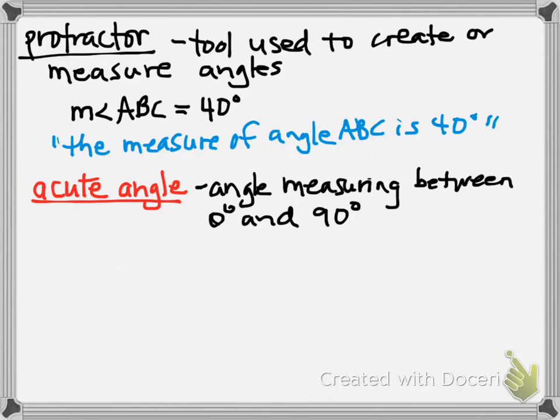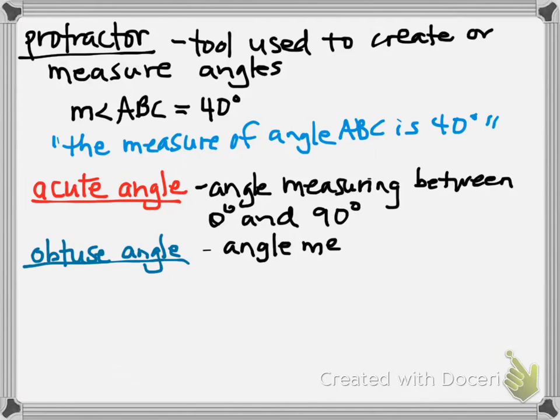Okay? Next angle you guys told me was obtuse. And obtuse is an angle measuring between 90 degrees and 180 degrees.